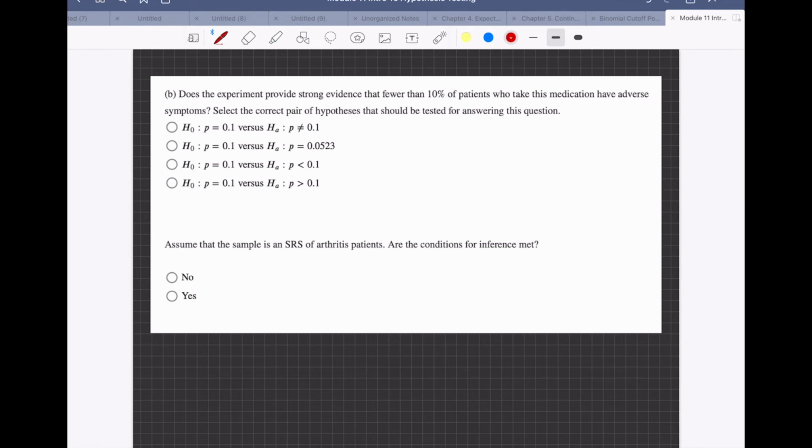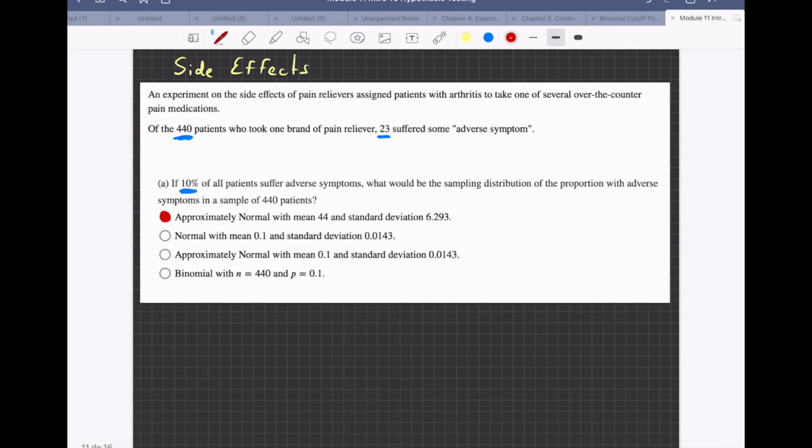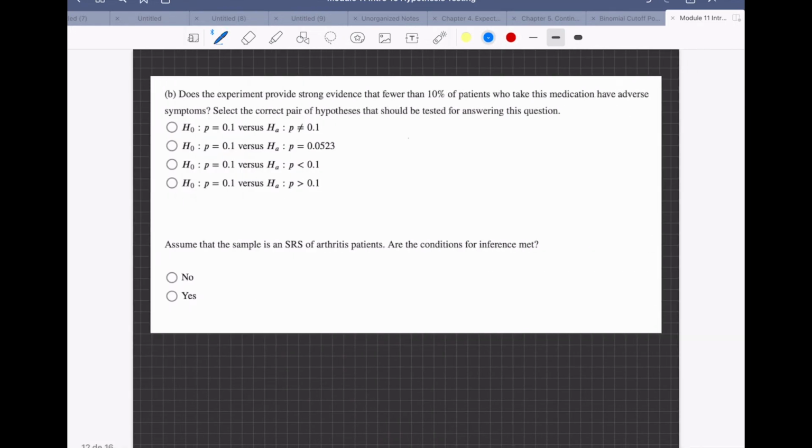Now, how do we set up the hypothesis here? Here is the P, describe the parameter. What is P?